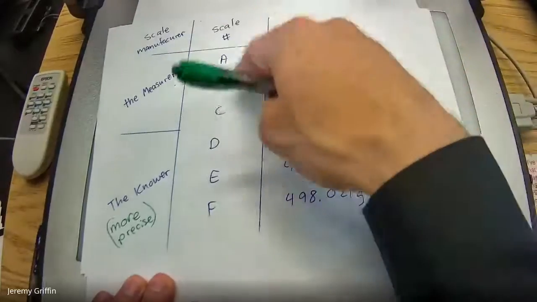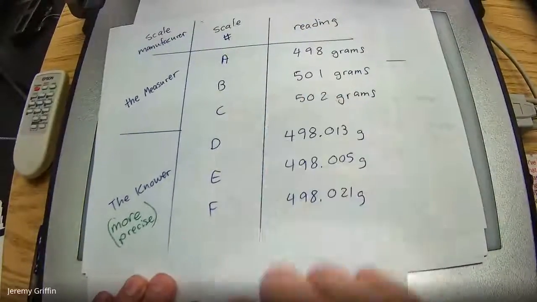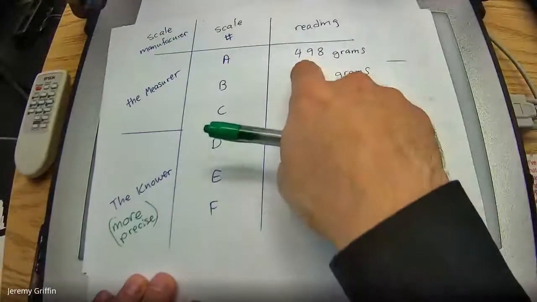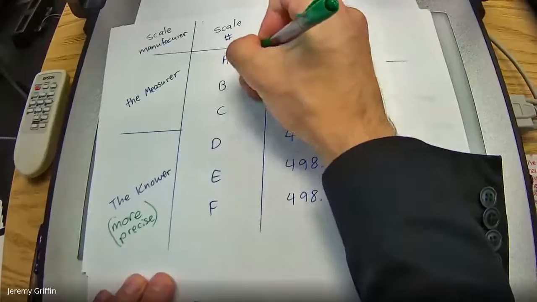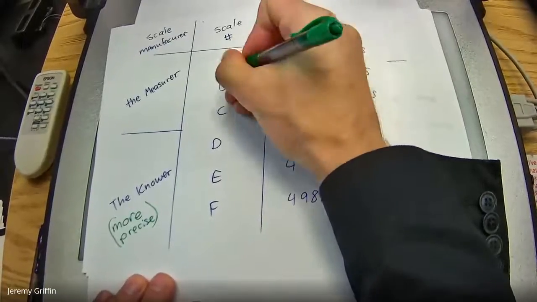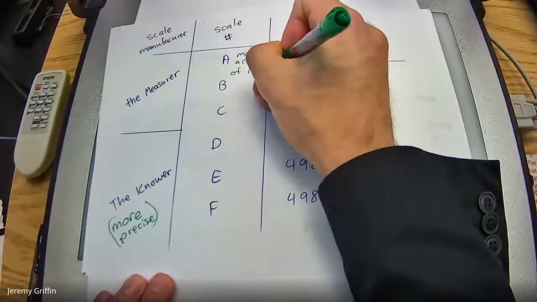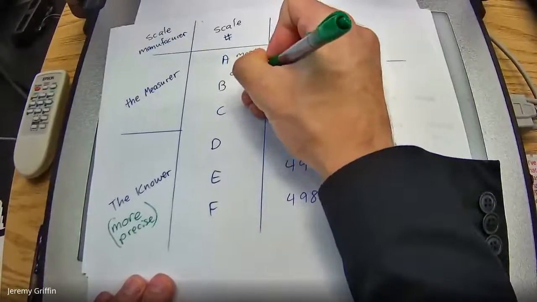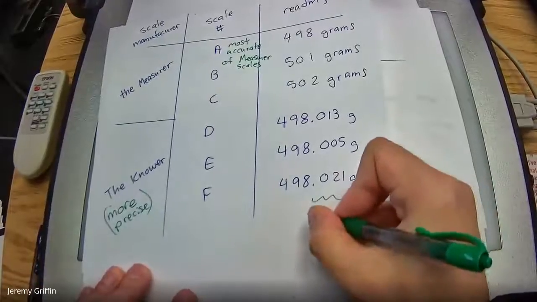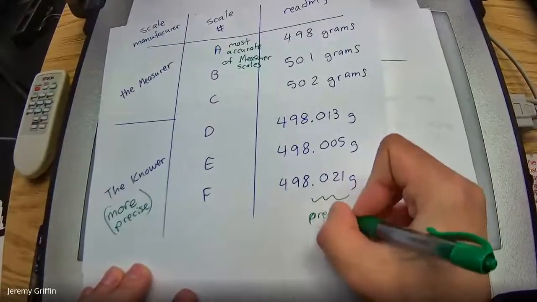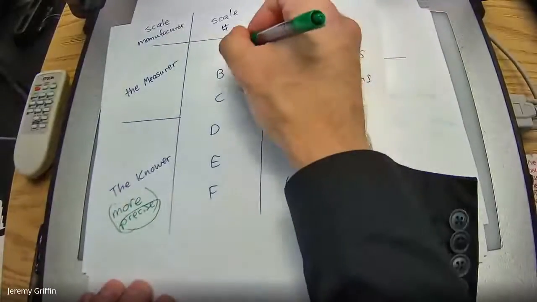Which of the measure scales, A, B, or C, is the most accurate of those three scales? What do you guys think? Definitely A, right? So this is the most accurate of the measure scales. Now notice the words I'm using here: precise and accurate.